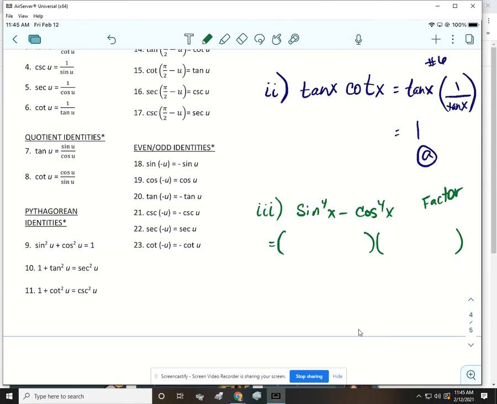What I put here and here needs to be the square root of sine to the 4th, which is sine squared of x. When I do difference of squares, I have 1 plus and 1 minus. And then what I put here and here needs to be the square root of cosine to the 4th, which is cosine squared of x.